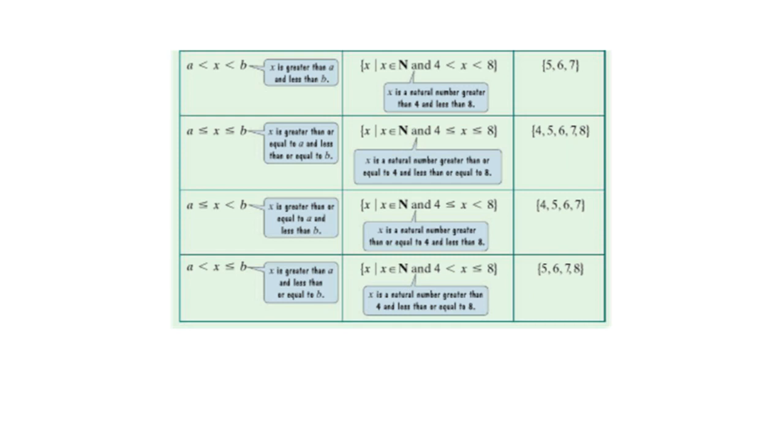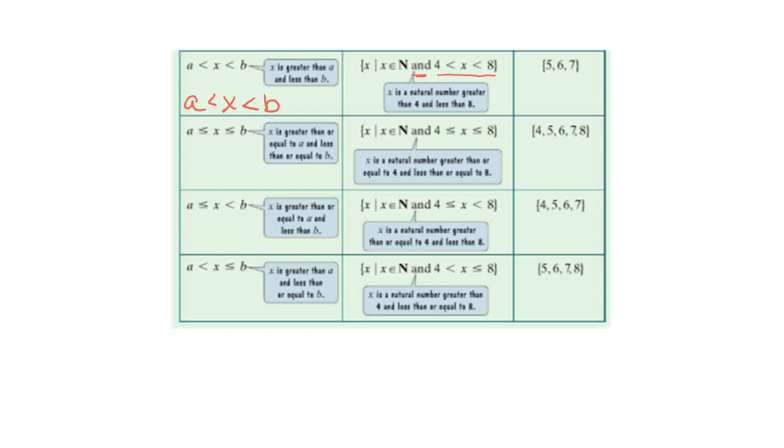These are examples of compound inequalities, where you have two inequality symbols being used in your statement. So this first one has A is less than X, which is less than B, and A and B are just some values. Our example in set builder notation is X such that X is a natural number and 4 is less than X, which is less than 8.